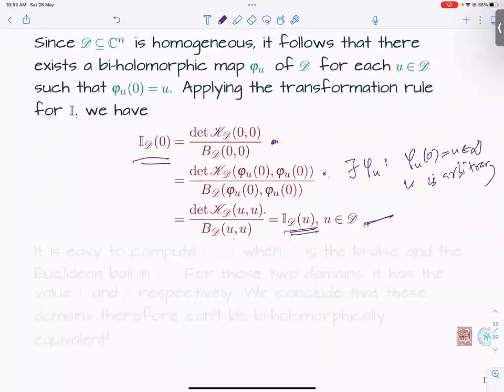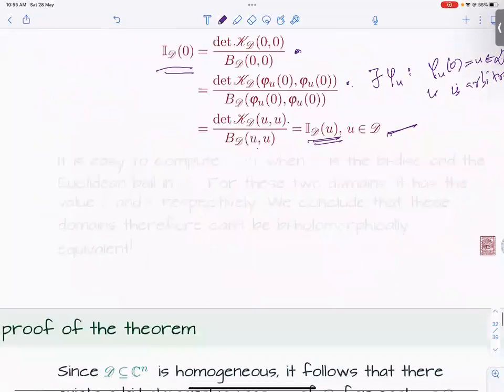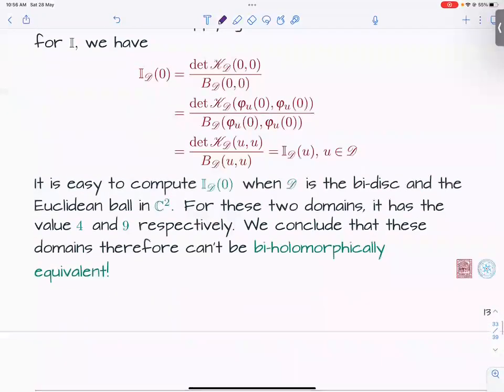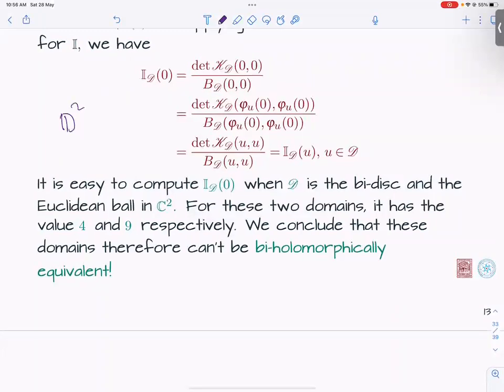So consequently, not only do we have an invariant, but the invariant is actually a constant if you have a homogeneous domain. So in the end, if you look at the bidisk and the Euclidean ball and assume that they are biholomorphically equivalent, well, on the bidisk, I have already shown you that there is always a p_1, p_2 that maps (0, 0) to any (alpha_1, alpha_2) that you want.